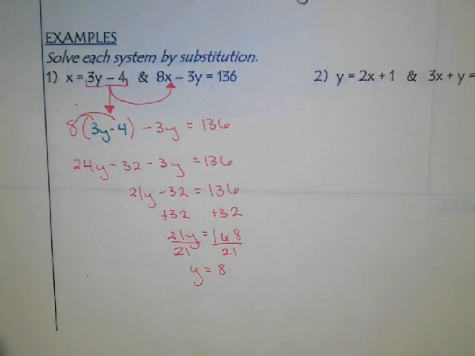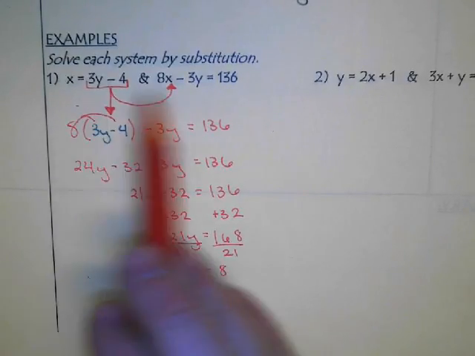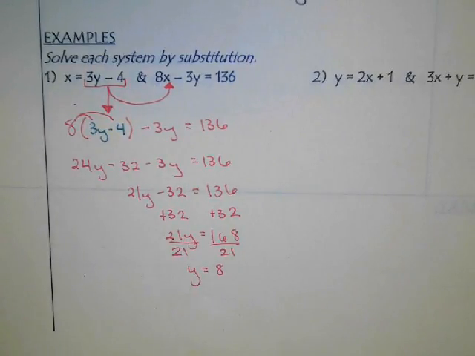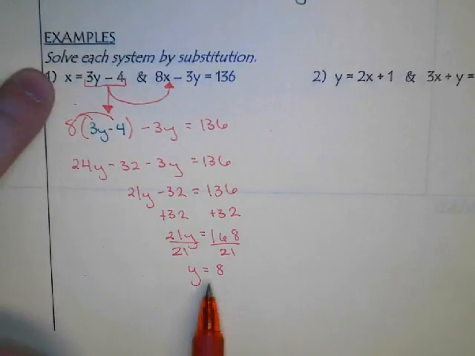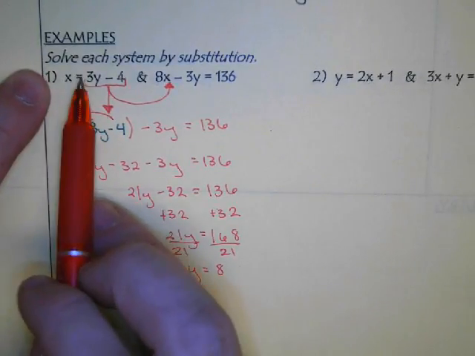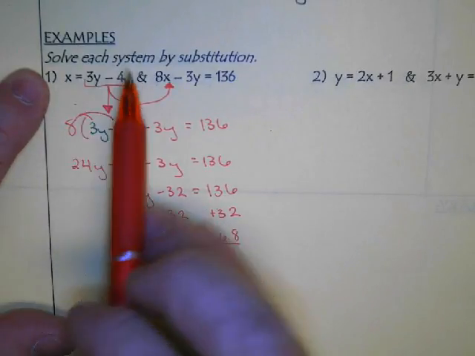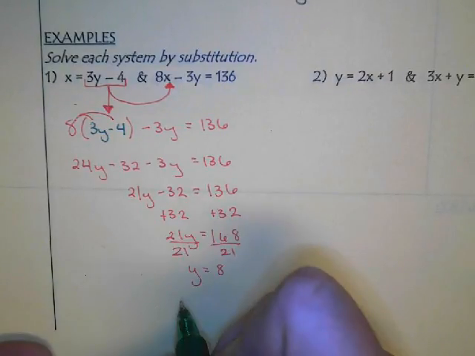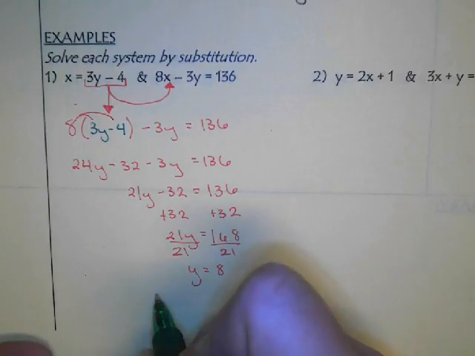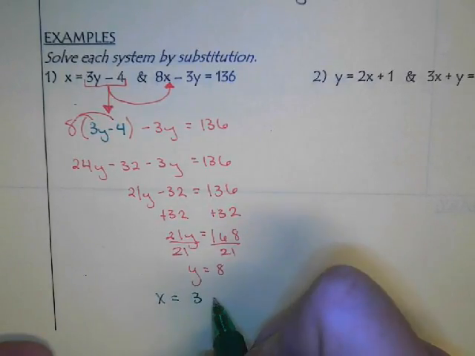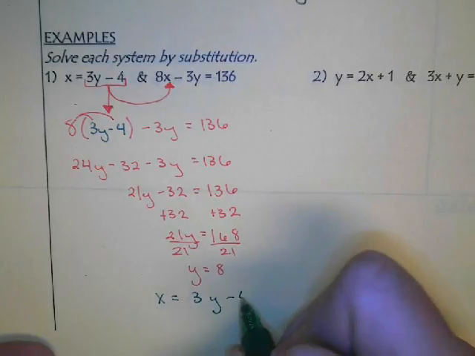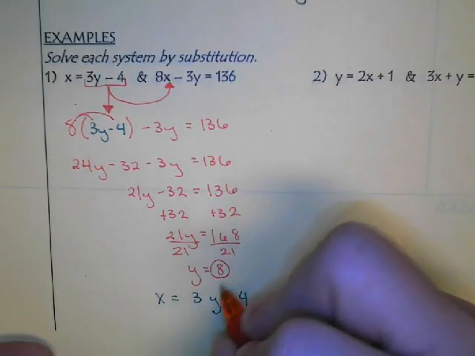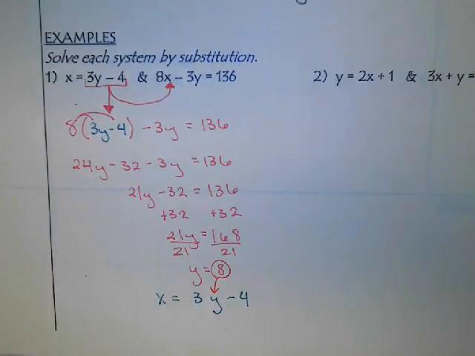So then we'll take this y equals and plug it into any one. Either one will give us the same value for x. It doesn't matter which one we choose. So I always like to choose the one that already has the x equals, because I'll just plug this in, simplify, and I'll have x equals. So I'm going to use my x equals 3y minus 4, and then I'm just going to take this y and plug it in right there, like so.